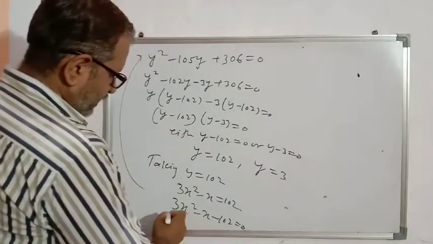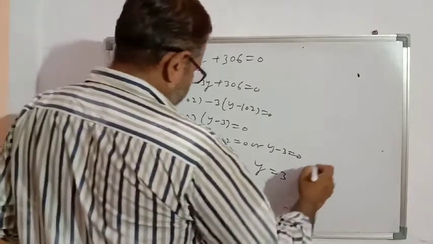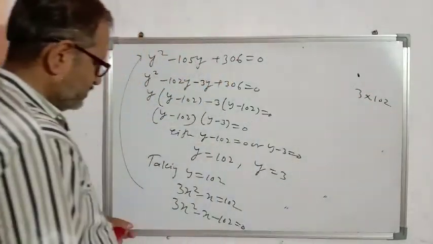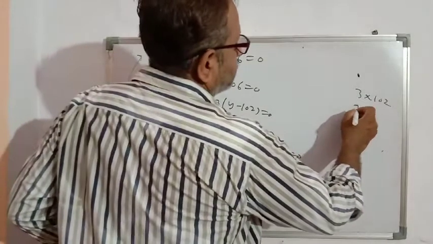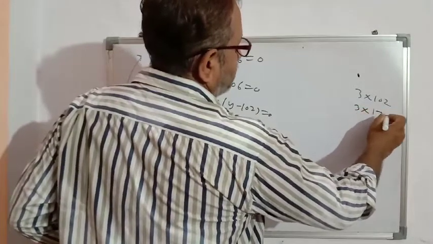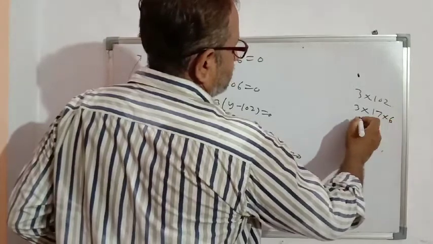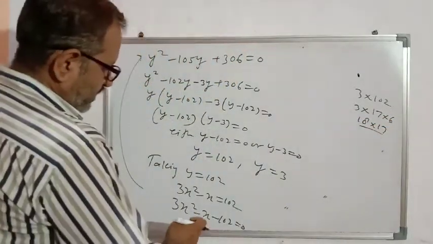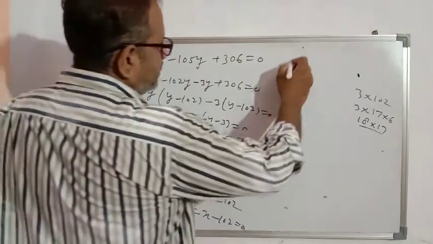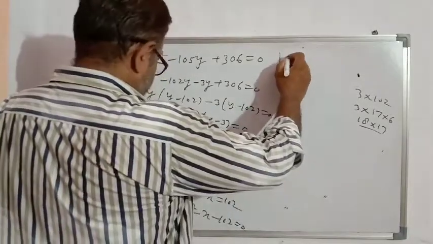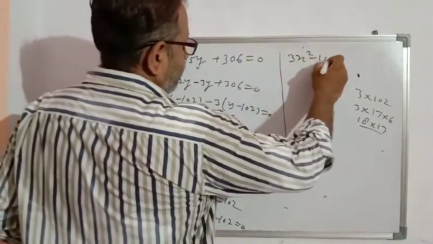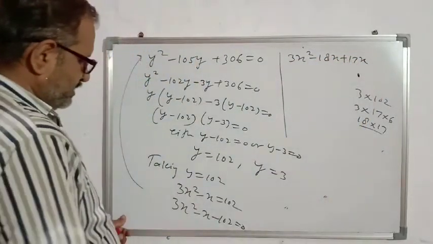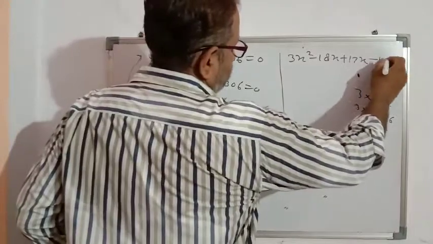Now we will factorize it. 3 into 102 means 17 into 6, and 6 times 3 is 18, into 17. So we take two factors, 18 and 17. So 3x square minus 18x plus 17x minus 102.